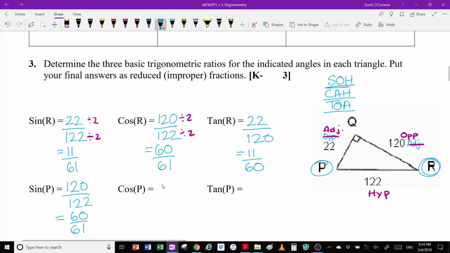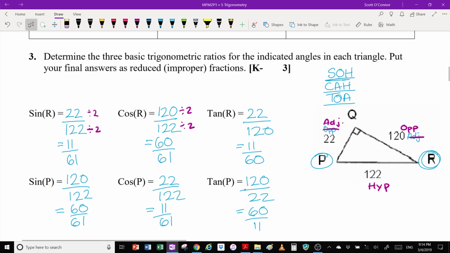So that's going to mean 22 over 122. Again, reducing to lowest terms is going to give me 11 over 61. And then if I do tan, which is opposite over adjacent, that's going to give me 120 over 22, which is going to give me 60 over 11 when I reduce to lowest terms. And in that case, I get an improper fraction.